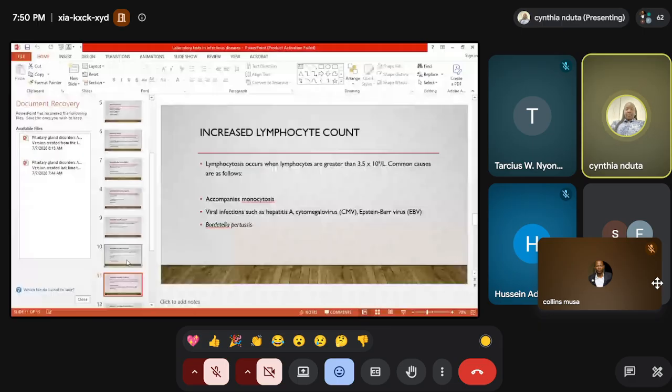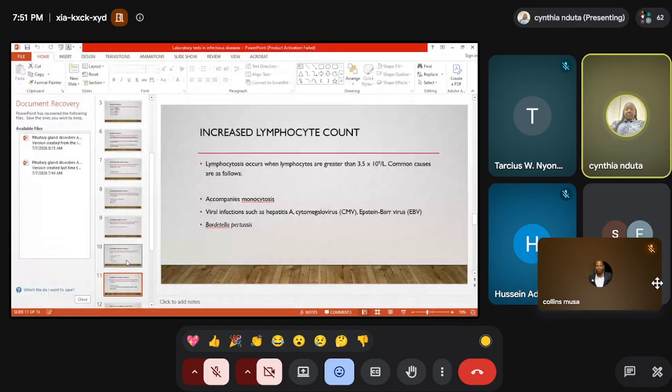Again, let's go to the lymphocytes. A high lymphocyte count of greater than 3.5 times 10 to power 9 is an indicator of viral infections, and this is very, very useful. Anytime you see a high lymphocyte count, remember if you get a pneumonia and you can tell there are signs of an infection, there's fever, the clinical picture, the difficulty in breathing, the malaise, the chills, yeah, and the crackles in the lungs.